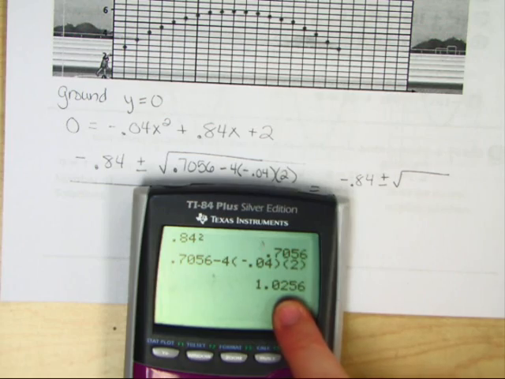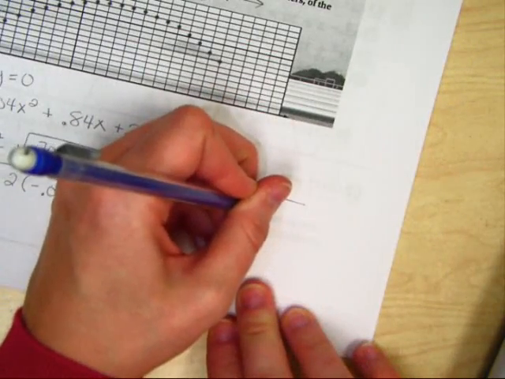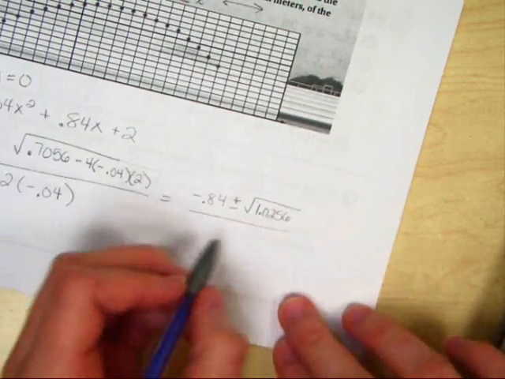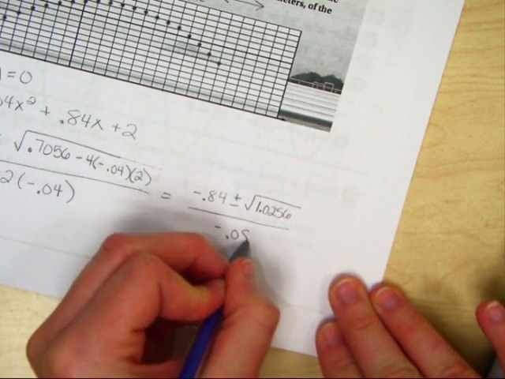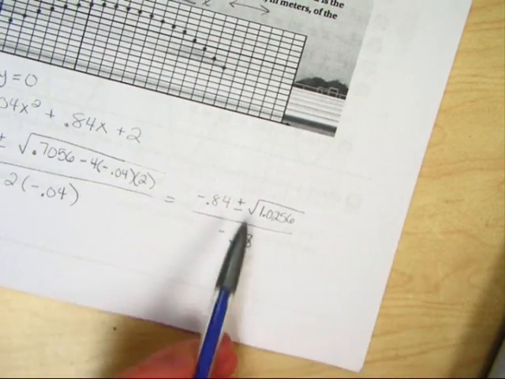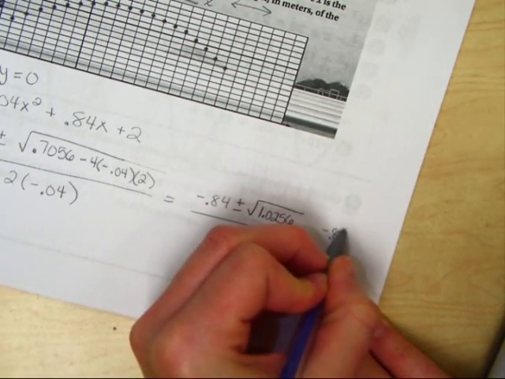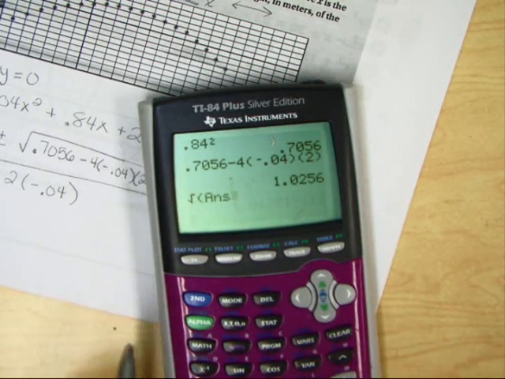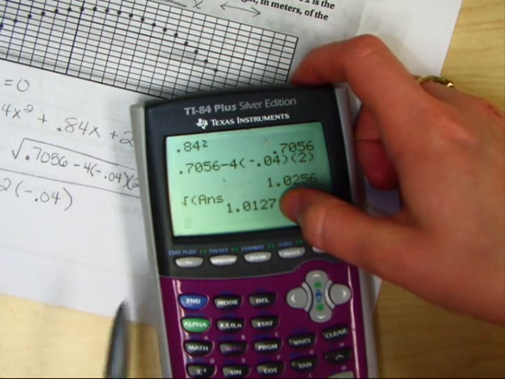And that's going to be the number inside of our square root. And then the denominator is 2 times negative 0.04, which is negative 0.08. Alright, now let's rewrite this one more time, but let's actually find the square root of the stuff inside of there. So I have my calculator. I'm going to do the square root of the answer above, and I'm just going to round it to that 7 there. So I'm going to keep it at 7.